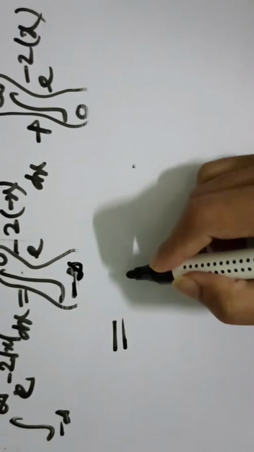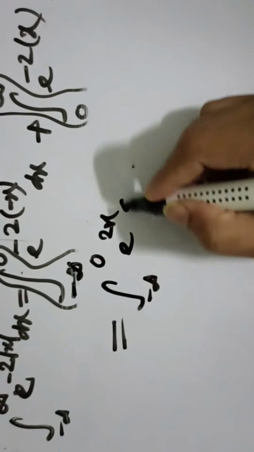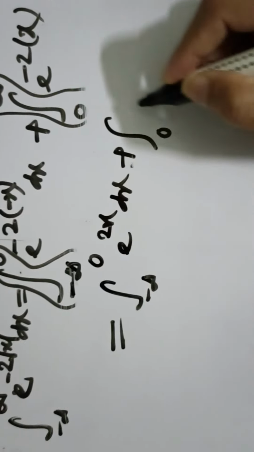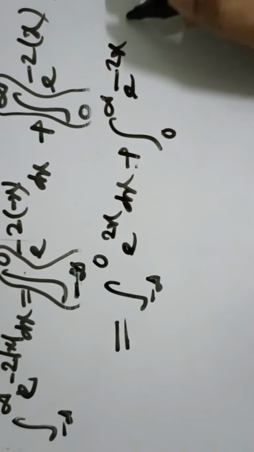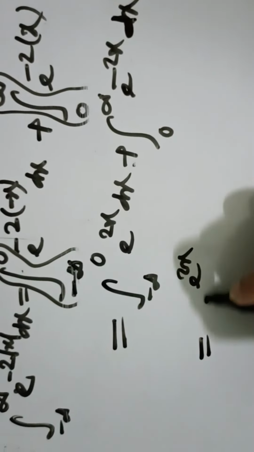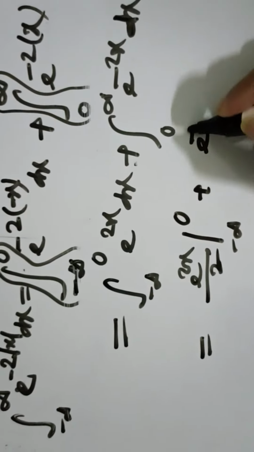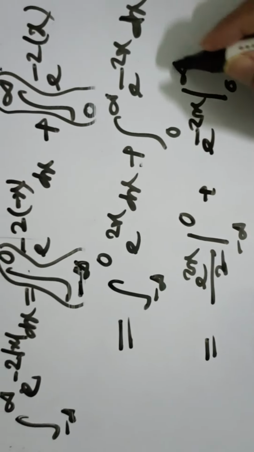So we get the integral from minus infinity to 0 of e to the minus 2x dx, plus the integral from 0 to infinity of e to the 2x dx. If we integrate this, it will be minus e to the 2x by 2 from minus infinity to 0, and minus e to the 2x by 2 from 0 to infinity.